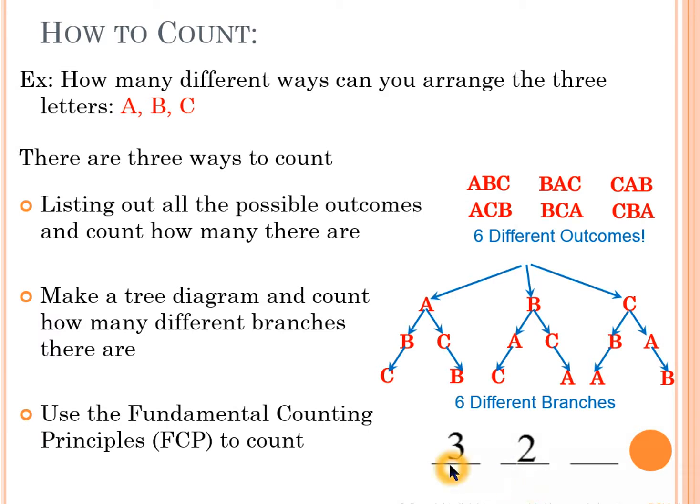And since you've used 1 letter here and 1 letter there, that means there's only 1 letter left for the third choice. And what you would do is you would just simply multiply these numbers across, 3 times 2 times 1, which will give you a total of 6 outcomes. So that's the fundamental counting principle. All right, so let's summarize the fundamental counting principle in the next slide.